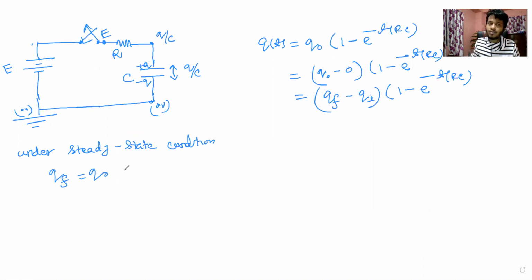QF is not always equal to Q naught, isn't it? QF will be equal to Q naught under steady state condition, right? And suppose steady state condition is achieved at time t equals 10 seconds. Now we are talking about time t equals 5 seconds. Then can we write QF equals Q naught?